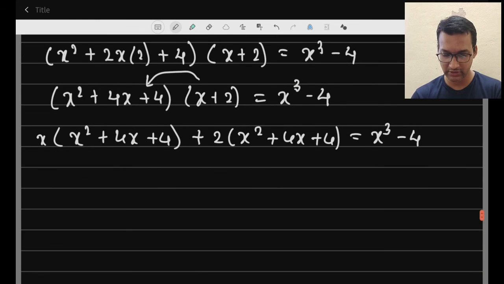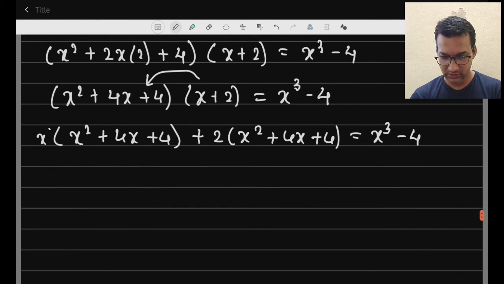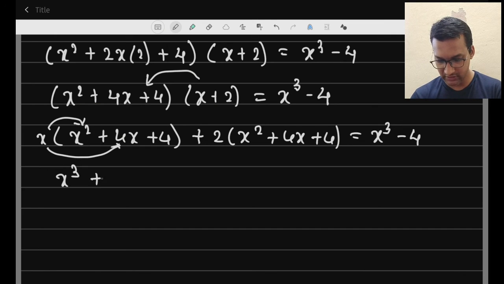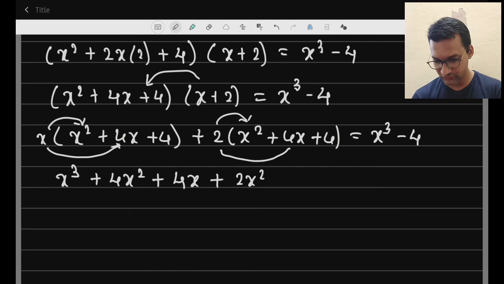Let us multiply this now. x into x square will be x cube. x into 4x will be 4x square, plus x into 4 will be 4x, plus 2 into x square will be 2x square. 2 into 4x will be 8x, plus 2 into 4 will be 8.